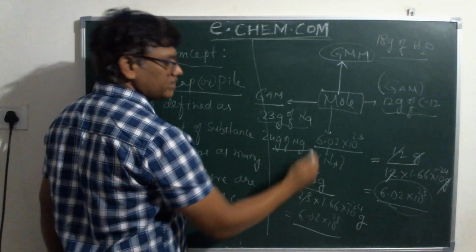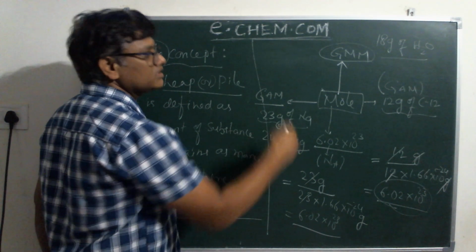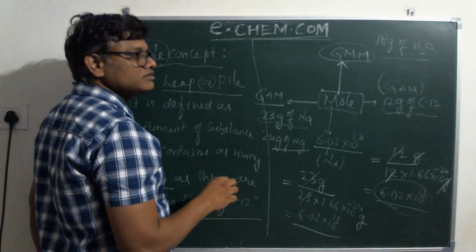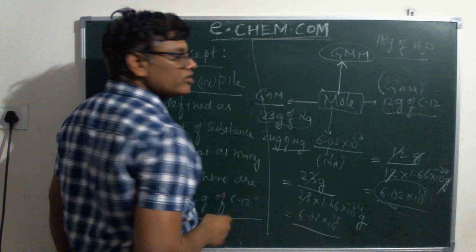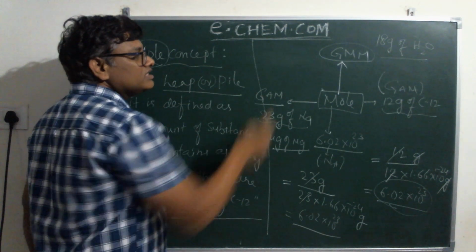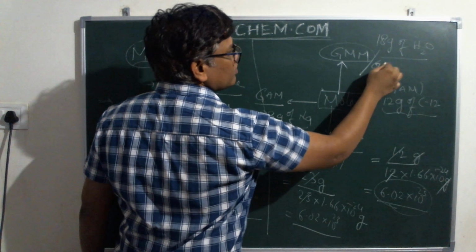Same calculation, 18 divided by 18 into 1.66 into 10 power minus 24. You will get Avogadro number of water molecules, so that gram molecular mass of any compound should be equal to 1 mole. This gram molecular mass is also known as gram molecule.